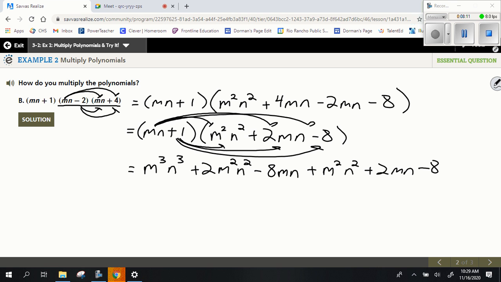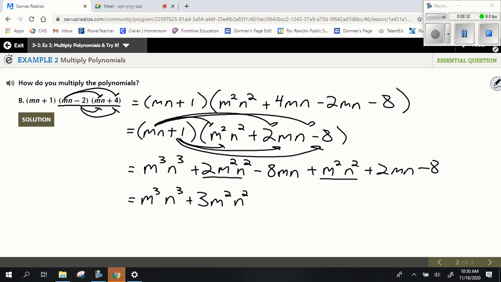Let's see if we can combine some like terms. It doesn't look like there are any m cubed n cubed terms, right? But it does appear that there are 2 m squared n squared terms. And we're going to add 2 and 1. So then we'll have 3 m squared n squared.